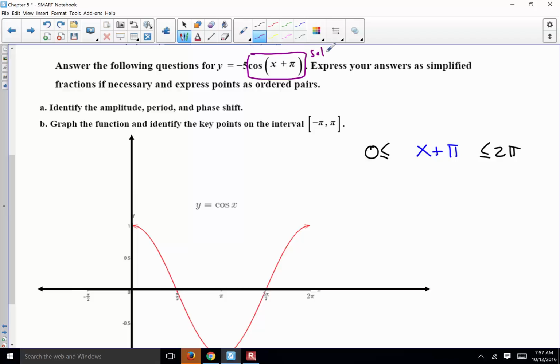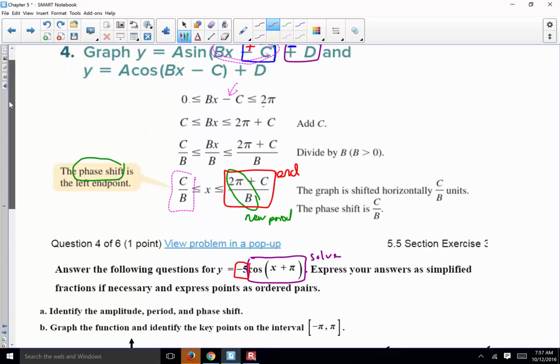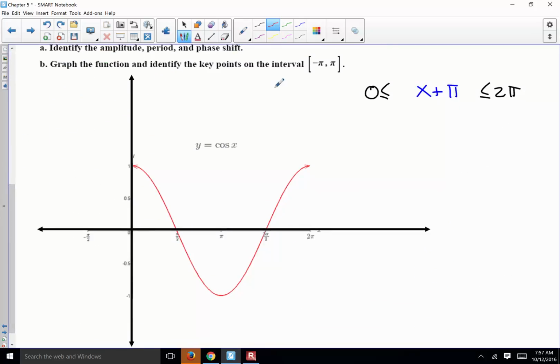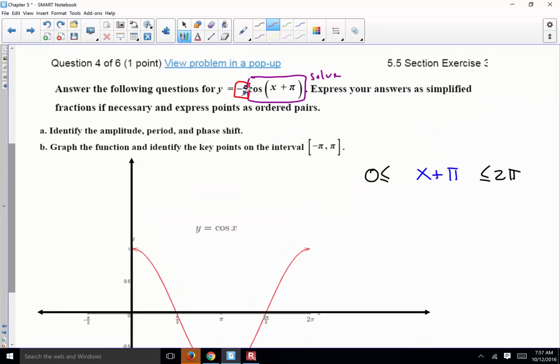So solve this part first. And then, once I figure the picture of this, I will figure out what minus 5 does to it. So I will figure out minus 5 later. This is first, and then later.